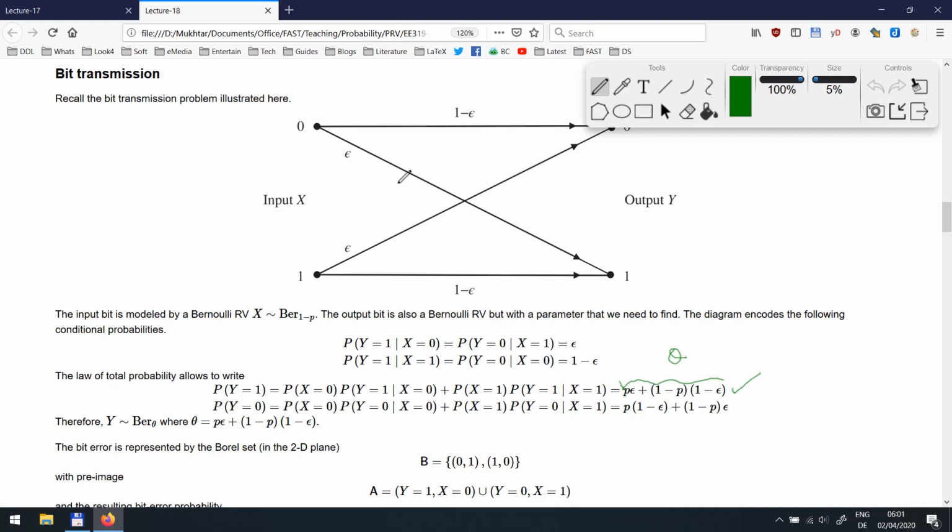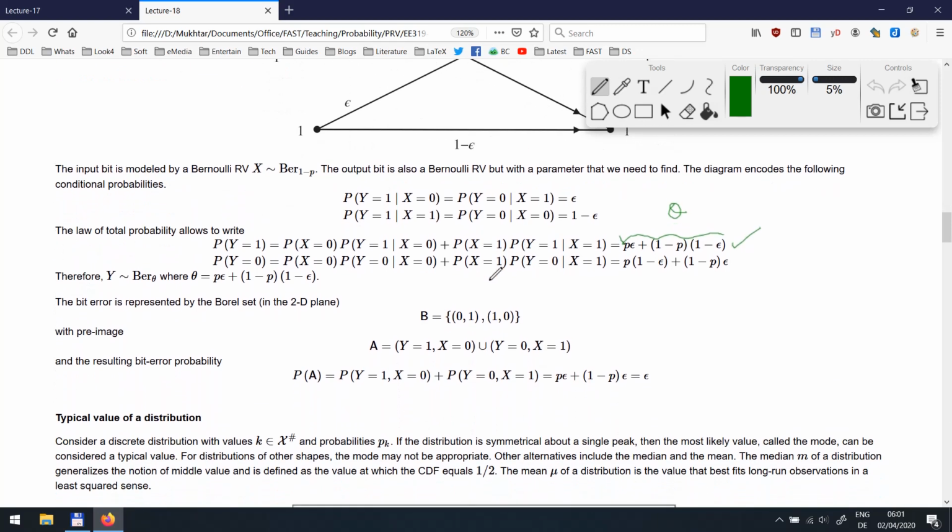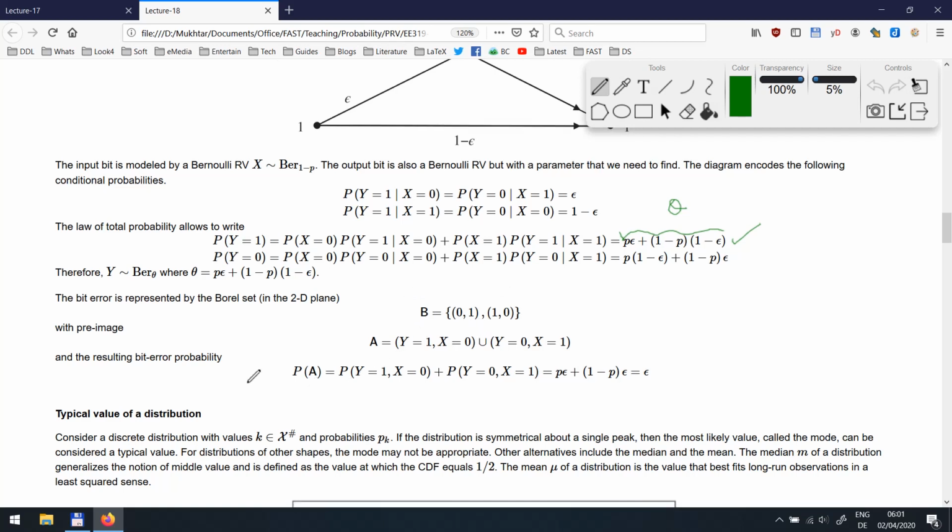So I use a pair, and of course the Borel set will be in 2D, not 1D, because of two random variables. Let's say the first one is a value of x and the second one is a value of y. So my Borel set in 2D has two pairs: 0 sent, 1 received, and 1 sent, 0 received.